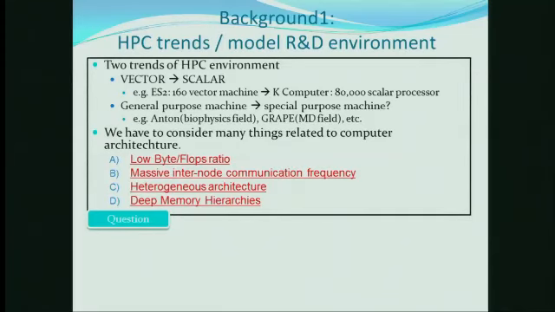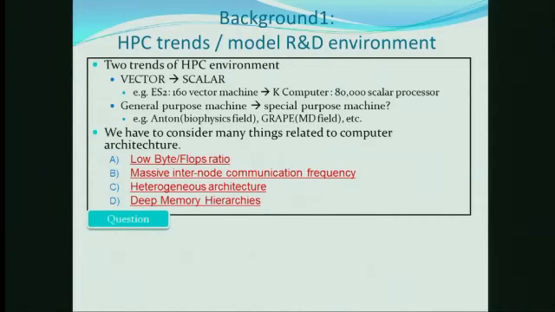For example, Earth Simulator 2 consists of 160 vector machines, and now we are ready to run the K computer, which has 80,000 scalar processors.